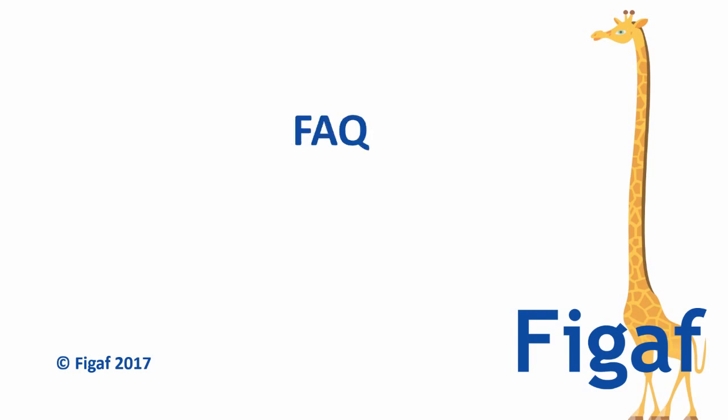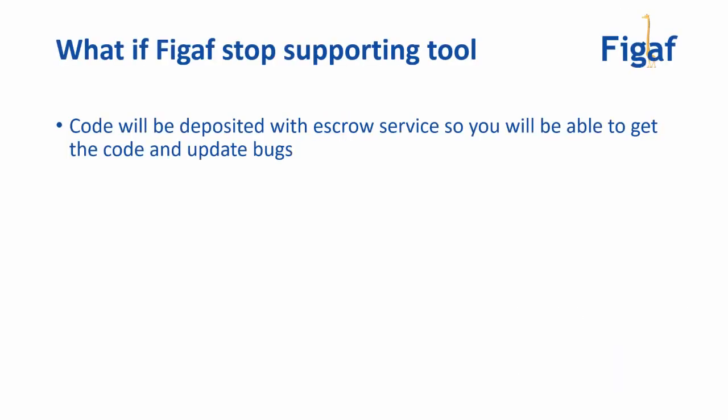I wanted to go through some of the questions that I normally get on ERT. So one of the things is what happens if Figaf stops supporting the tool. We would upload the code to an escrow service so that you'll be able to get the code and update the bug.